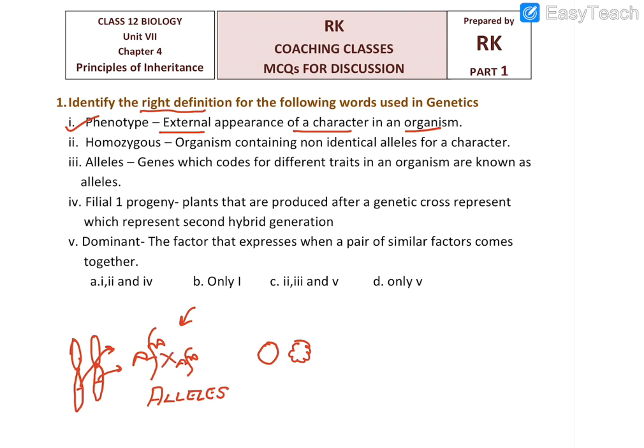During cross-pollination, the pollen grains of one plant are collected, then transferred to the gynoecium of another plant. Then seeds are produced, and they are allowed for germination. So in the next generation, what character will be obtained? In the next generation, you get a tall plant. That means there will be a factor for dwarfness. That factor is nothing but a gene. And there will be a gene for tallness.